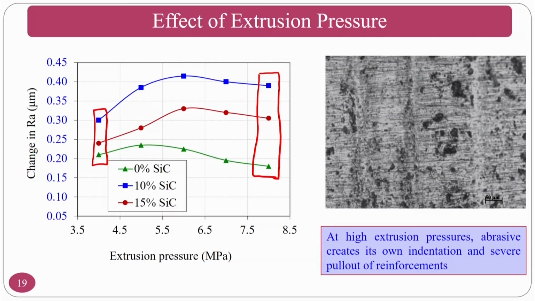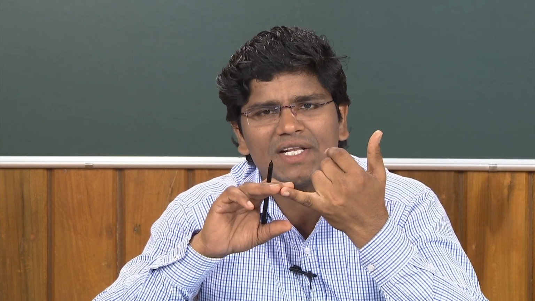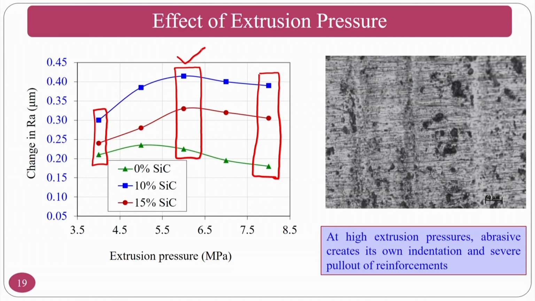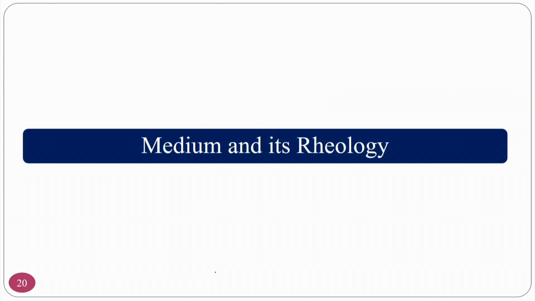If you have the optimum amount, normally you get good abrasion because of a low amount of indentation as well as proper shearing, because of which you achieve a good change in roughness. So the medium and its rheology play a major role, that is what I was telling you.